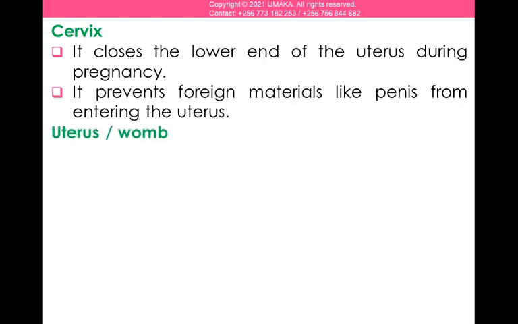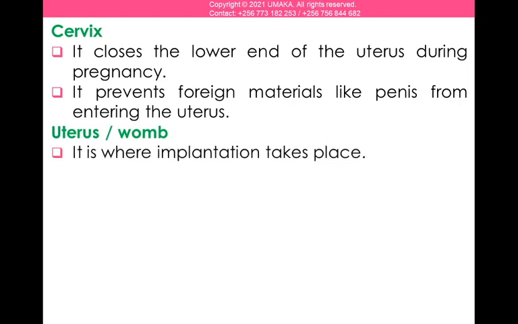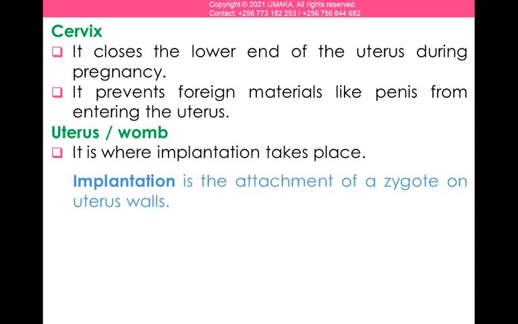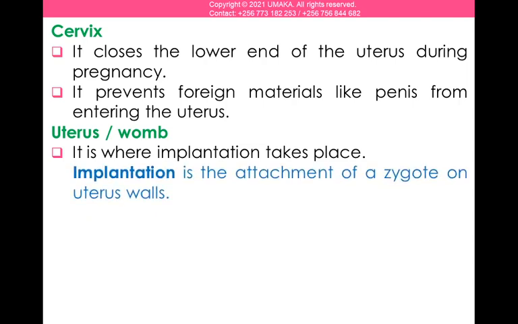Then we have the uterus or womb. It is where implantation takes place. I remember this term, we talked about it under the terms used in cattle. What is implantation?